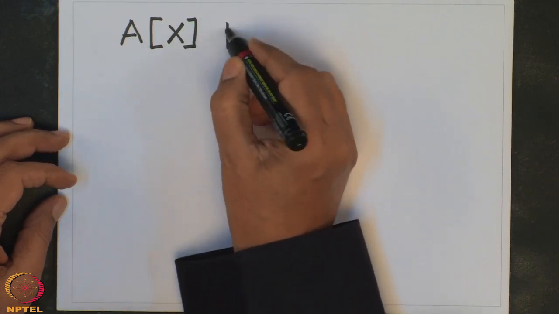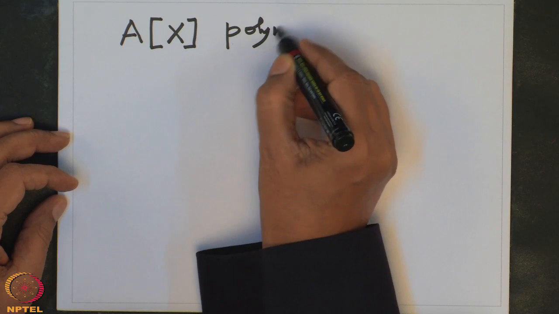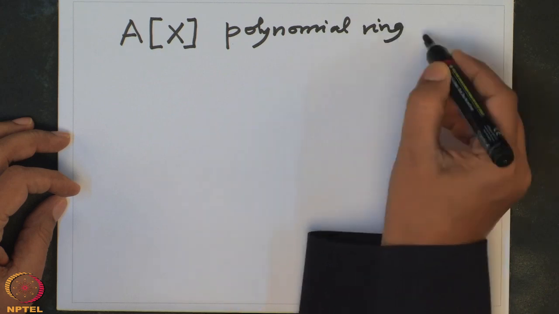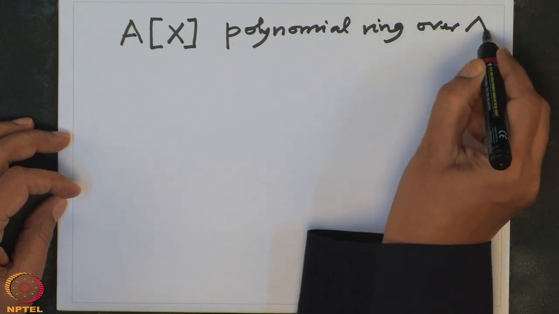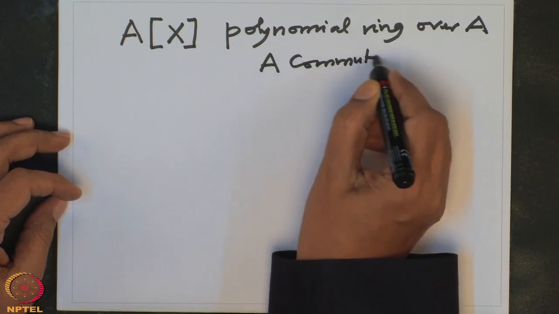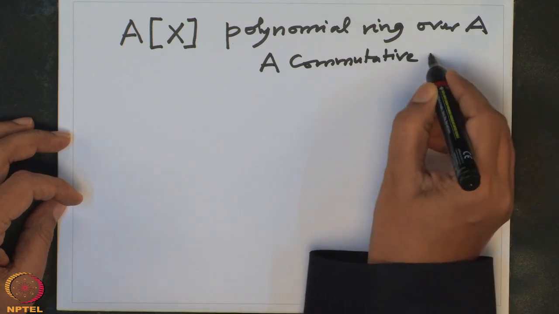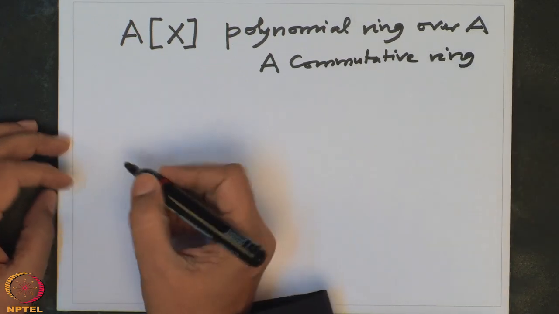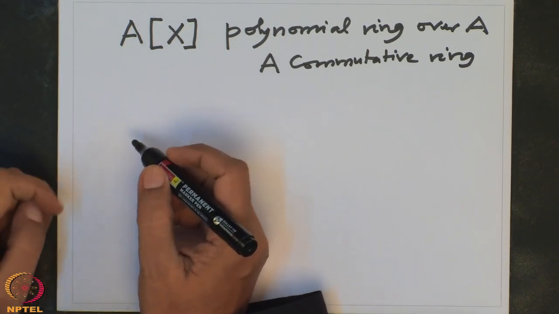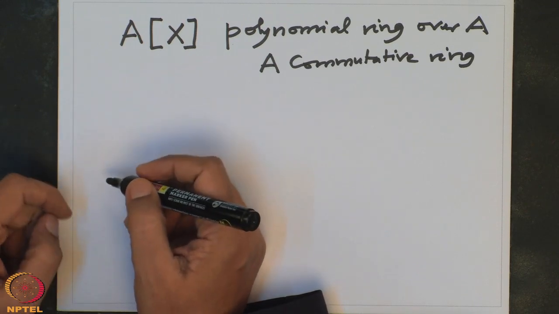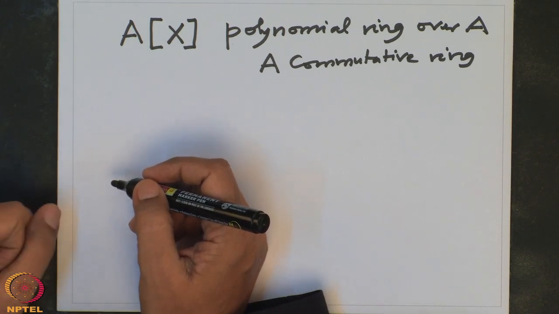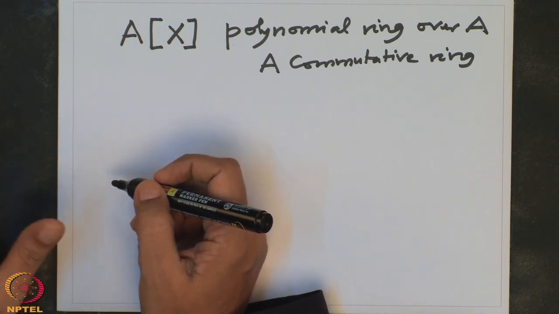We saw again that it is a ring, and this ring is called a polynomial ring over A, and A was a commutative ring. And we saw how to add two polynomials, how to multiply two polynomials, and with those binary operations, this is again a commutative ring with multiplicative identity, and the multiplicative identity is the constant polynomial 1.